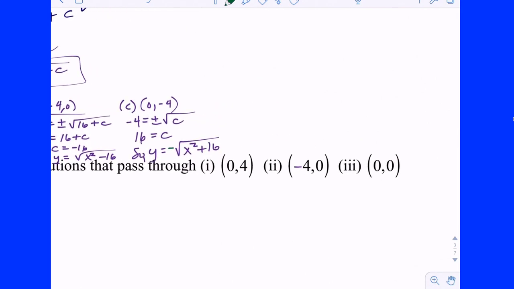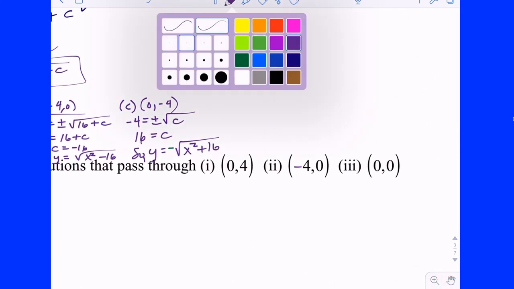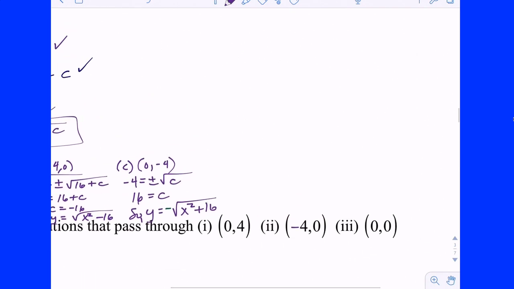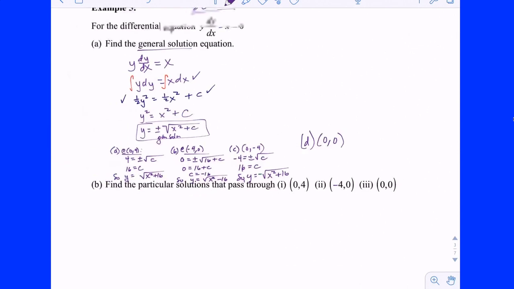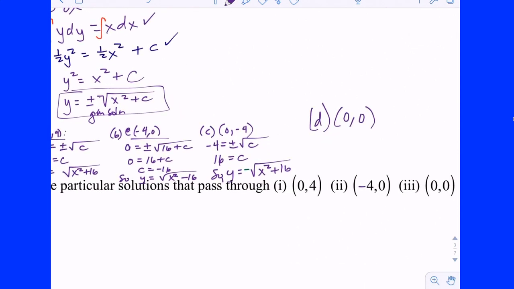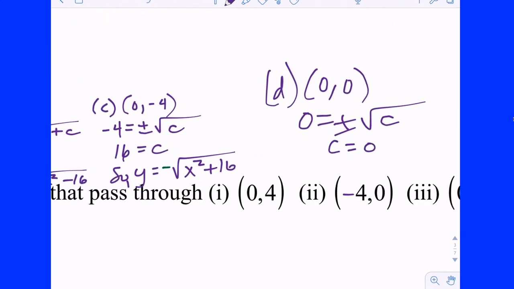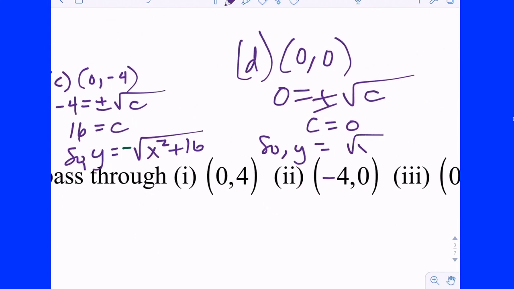All right, part D. We're passing through 0, 0. And we'll say then 0 equals plus or minus the square root of C. Square both sides, you get C equals 0. So y equals the square root of x squared. Is it plus or minus out front?